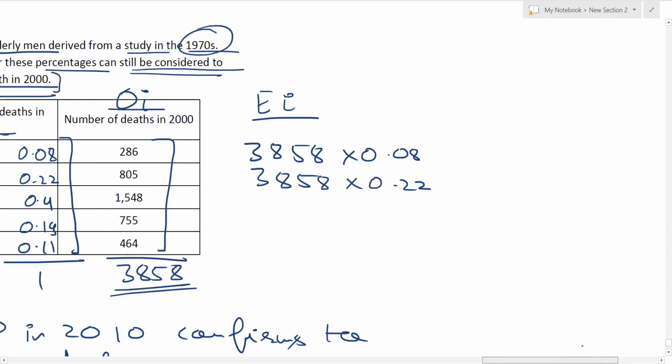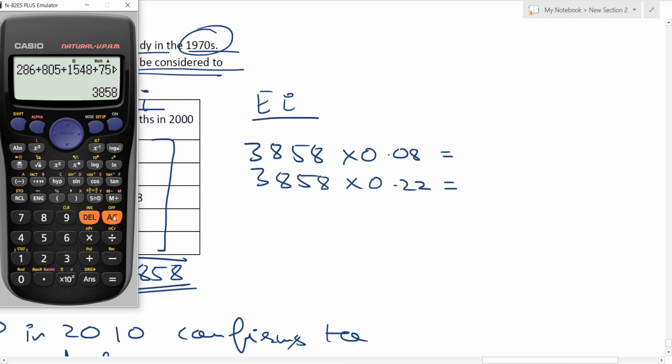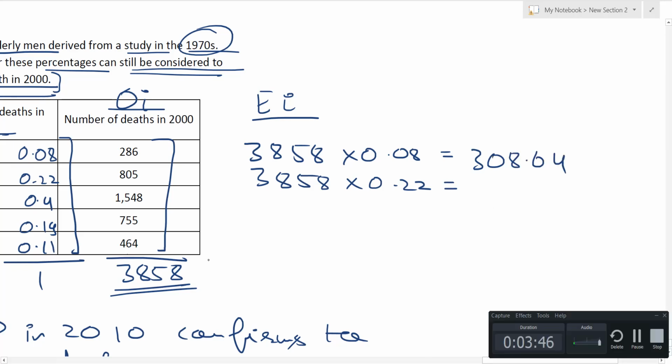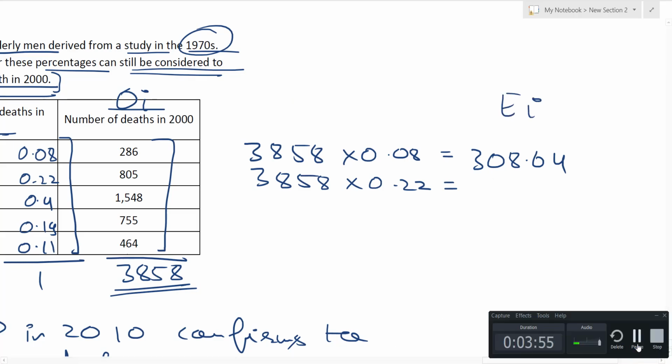Let me put them in the calculator: 3858 times 0.08 equals 308.64. I'll directly calculate all of these EI values and write them for you.